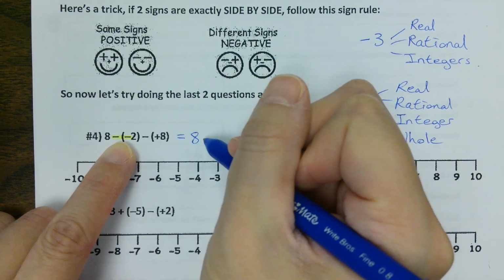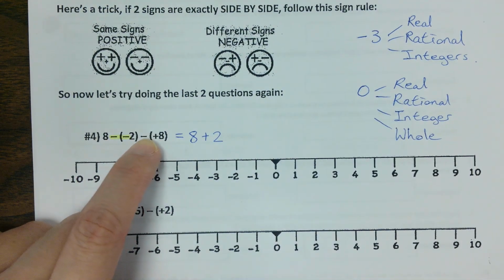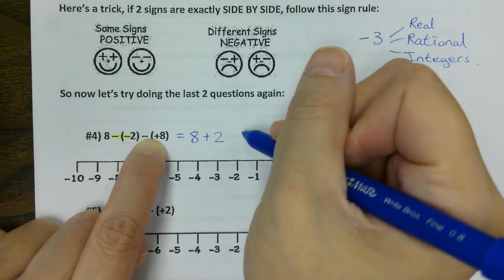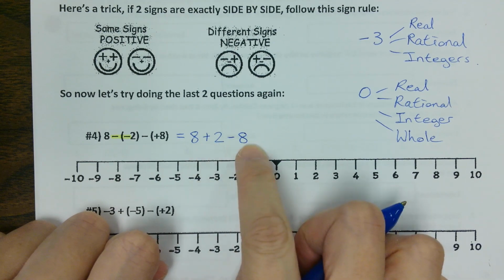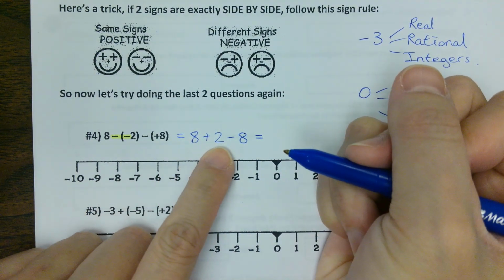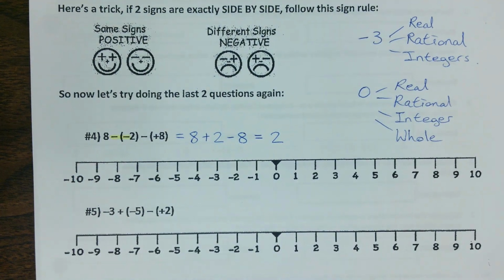Two negatives make a positive. So 8 plus 2. And then what about this? Minus +8. Negative and a positive is a negative. And there you go. Now, this is a lot cleaner. And it's just simply 8 plus 2 is 10. 10 minus 8 is just 2.